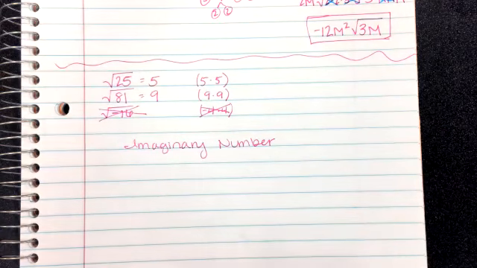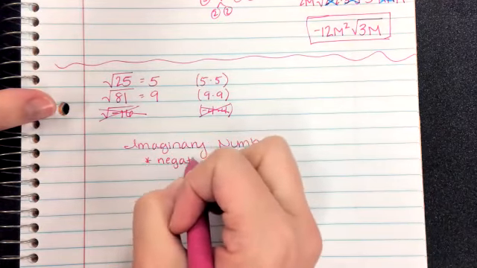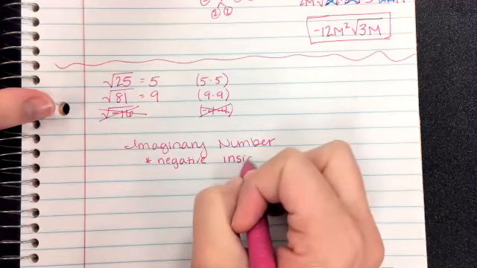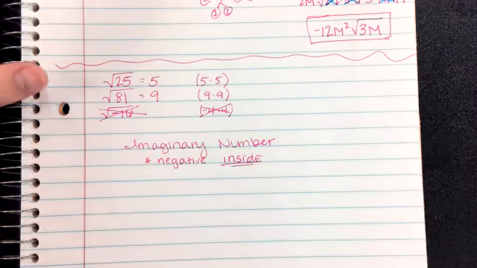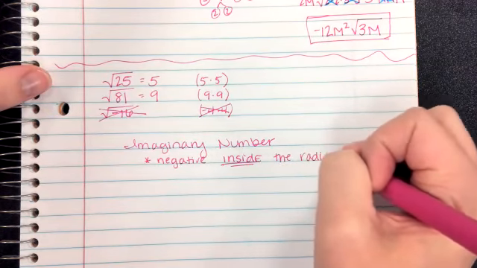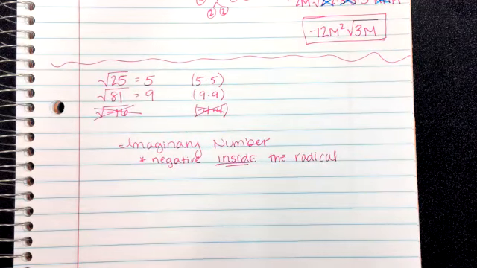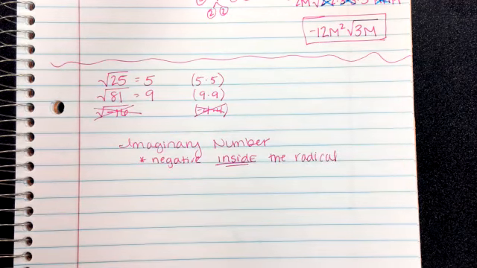An imaginary number is when there is a negative inside. All I care about is inside the radical, or what's another word for radical? The square root house. Okay, so inside the radical. So somehow we have to take this negative sign out.